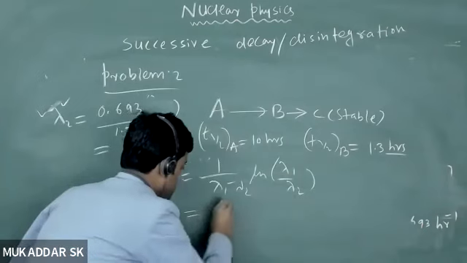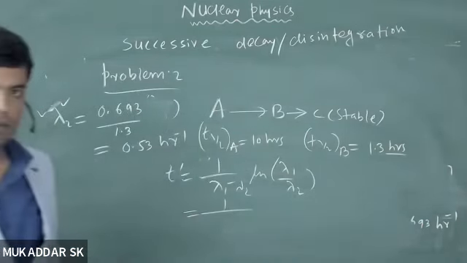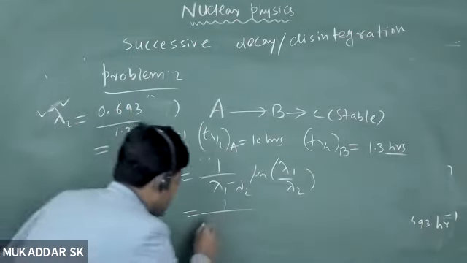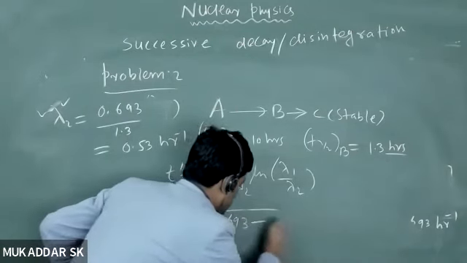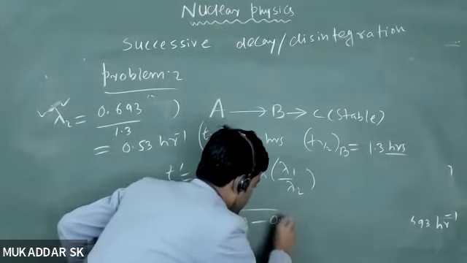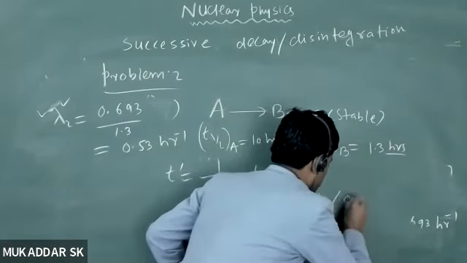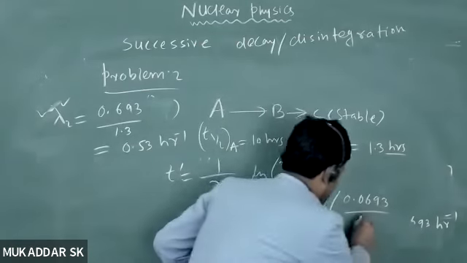Okay, so I'll substitute the values. What was lambda 1? 0.0693. And then we'll have lambda 2, that is 0.53, right? And then we'll have ln of 0.0693 divided by 0.53.